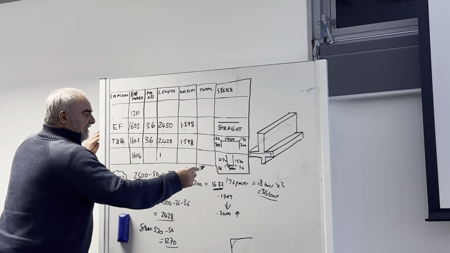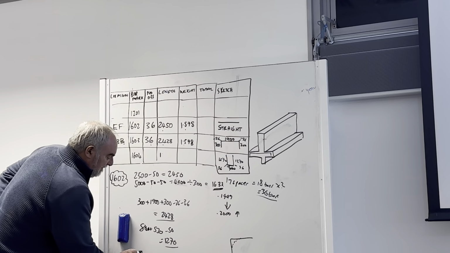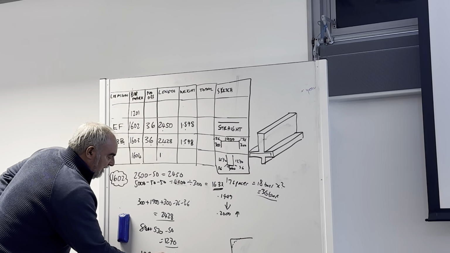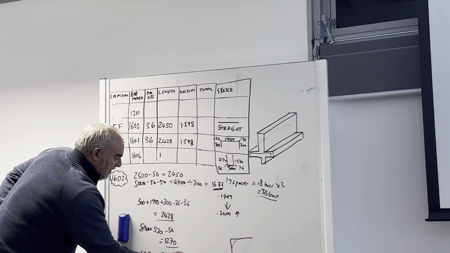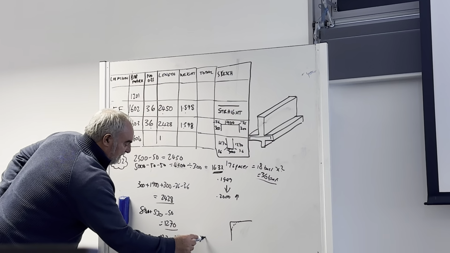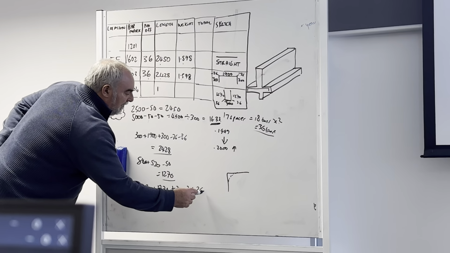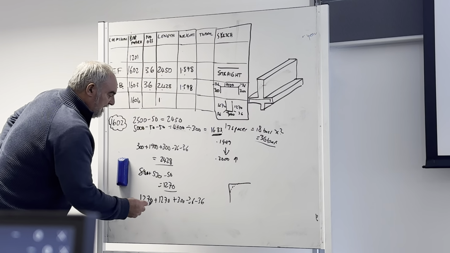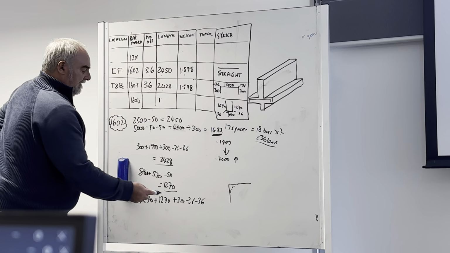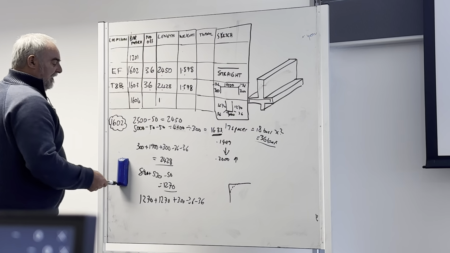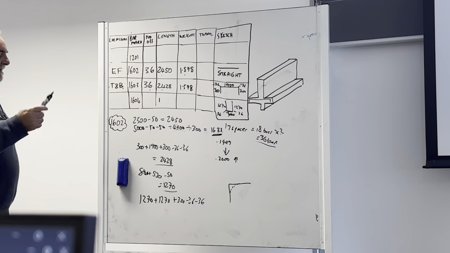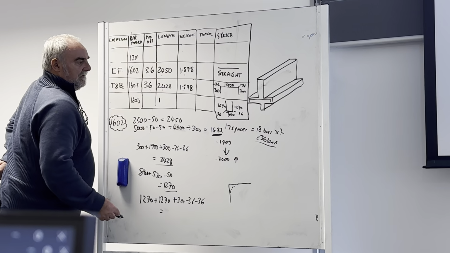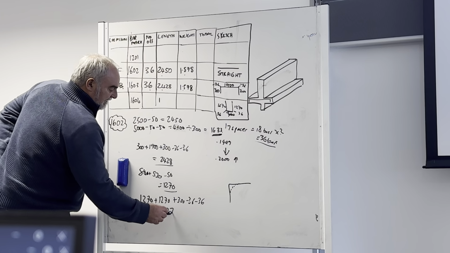So the calculation for that is going to be equal to 1270 plus 1270 plus 300 minus 36 minus 36 equals 2768.